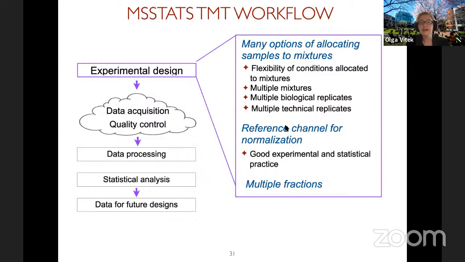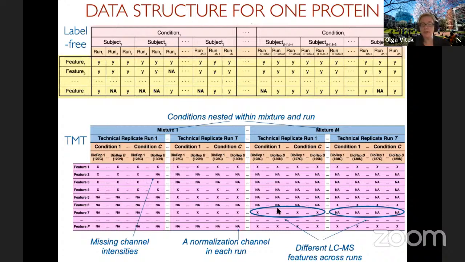As you will see, we very much recommend allocating at least one channel for a reference mixture. This is some type of mixture which is not expected to change in abundance between mass spectrometry runs. So it is added at a constant concentration, and it serves two purposes. One is that we can normalize the signals, especially due to issues like here, where some ions are observed only in some runs.